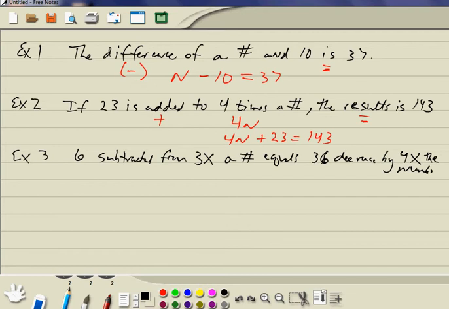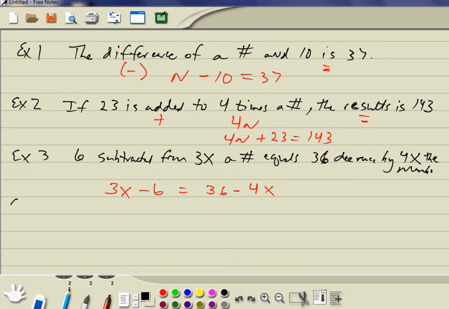Okay, notice that the x represents times, and that number is the same, so 6 subtracted from 3x. Well, that means 3x has to go first because it's subtracted from it. A number equals 36 decreased by, means it's being subtracted, 4 times that number. Always looks easier when somebody else does it, right?